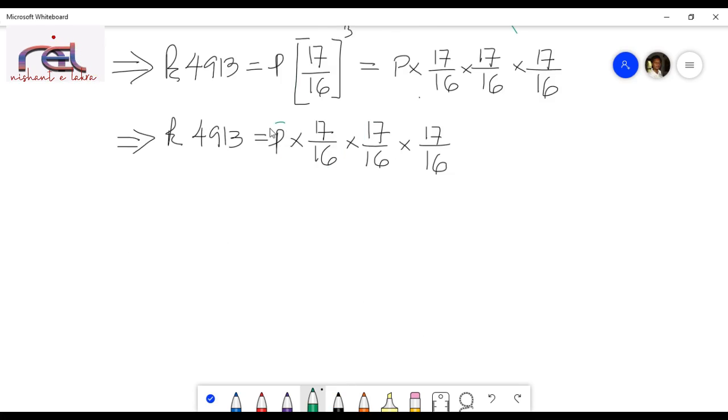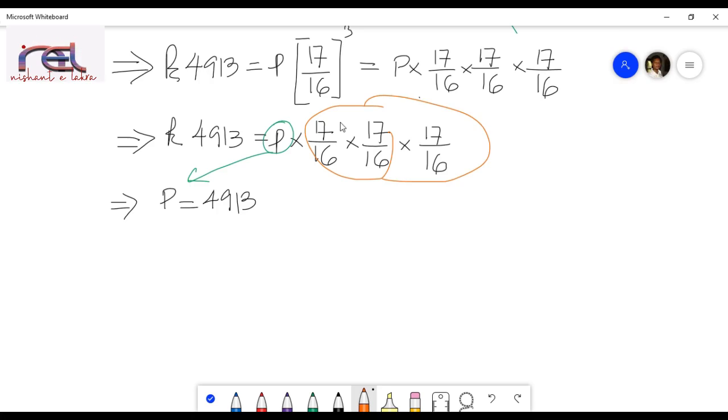Now the next important step is to make P the subject, right? Because we have to find the sum, that is the principal, so we'll have to make principal the subject. Principal is equal to 4913 as it is in the equation here. Now when we move the multiplication to the other side, it will reciprocal.